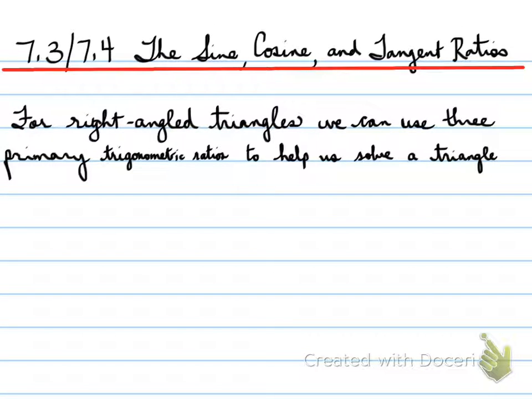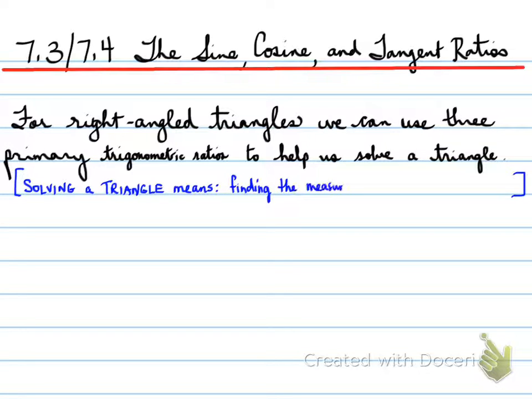Now, solving a triangle means that we need to look at the angles and the sides. In fact, it means for us to find the measures of all the sides and the angles. And we're going to see an example of that in this section.